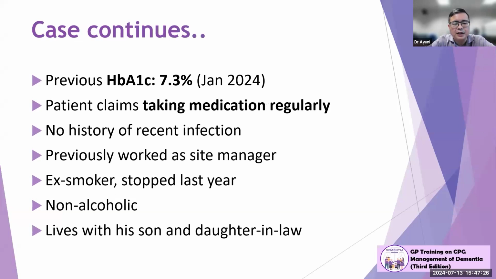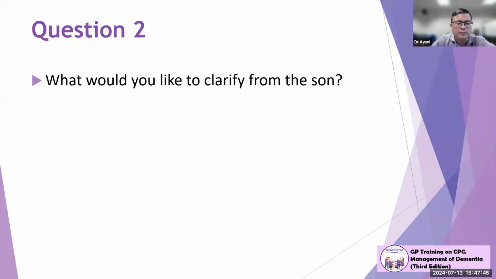Then the patient claims that he has been taking the medication very regularly. No history of recent infection. He previously worked as a site manager. He was smoking in the past, stopped last year. He doesn't consume alcohol. He lives with his son and daughter-in-law.